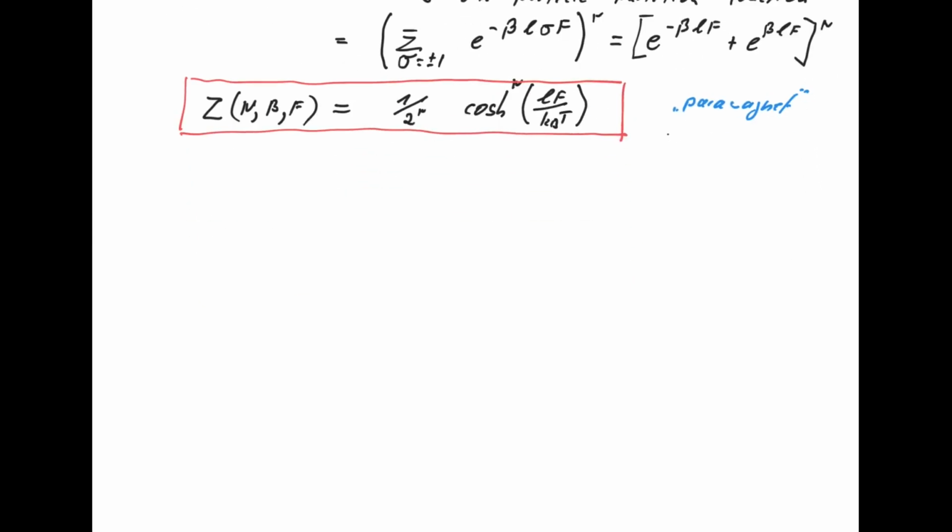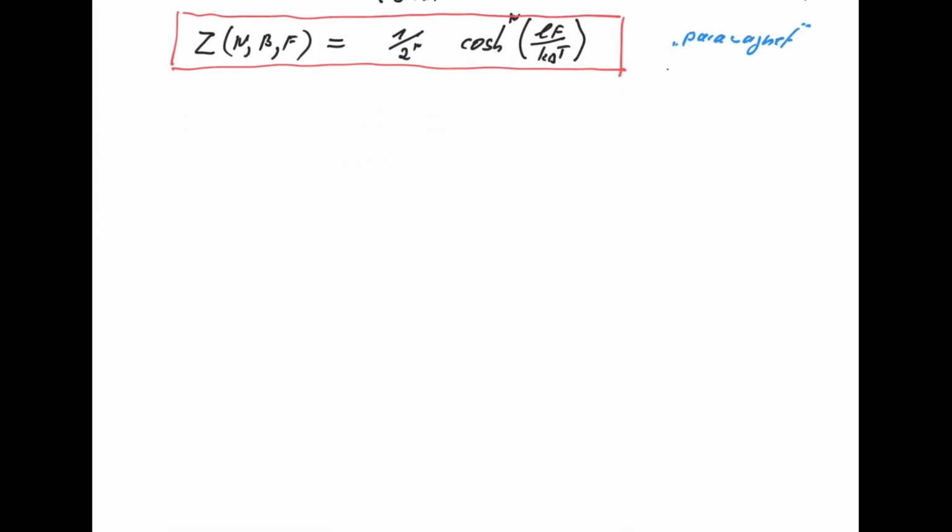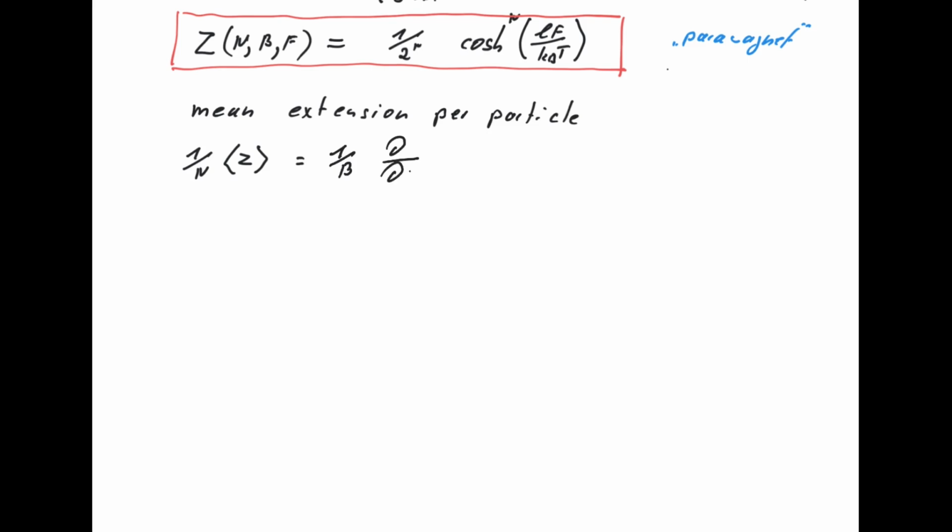Now, having the partition function, it's easy to derive the mean extension per particle. So the mean extension per particle is equal to the mean total extension divided by the number of particles, which equals 1 divided by beta, the partial derivative with respect to the force of the log of the one particle partition function.